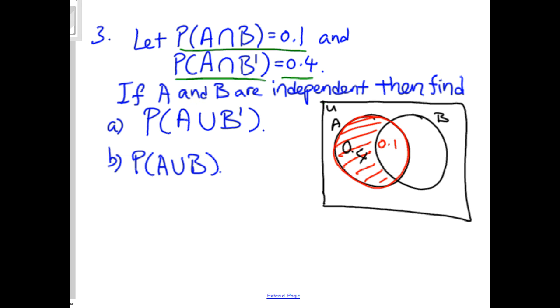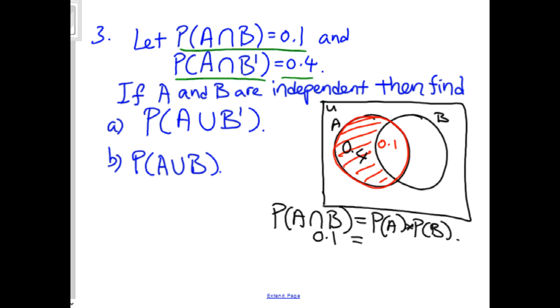Right, so we are given that A and B are independent. If A and B are independent, then like I said, probability of A intersect B is equal to probability of A times probability of B. So probability of A intersect B in this case is 0.1, that's given.